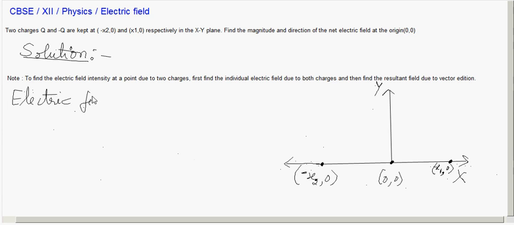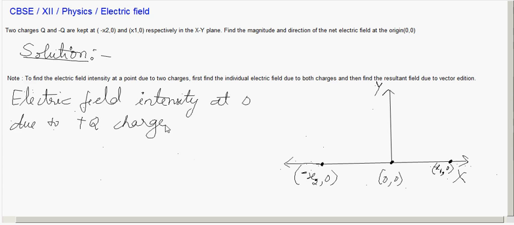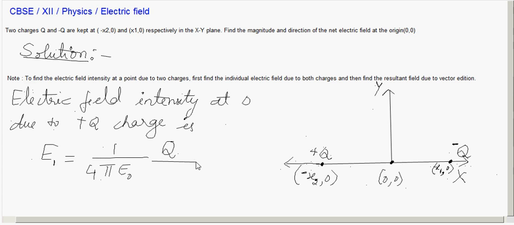E1 equals 1 by 4 pi epsilon naught into Q divided by x2 square.